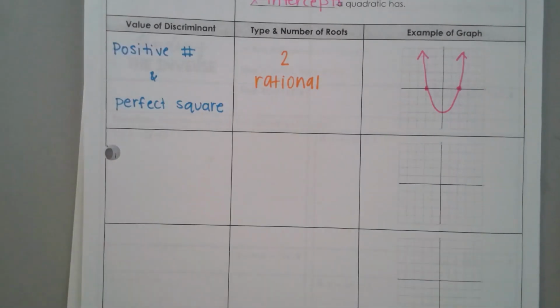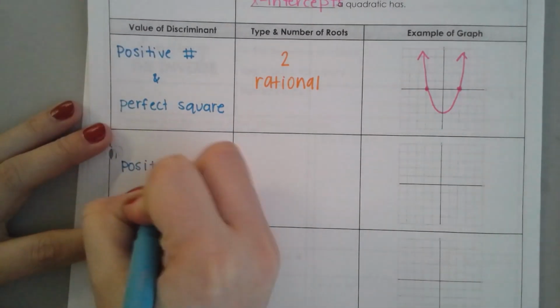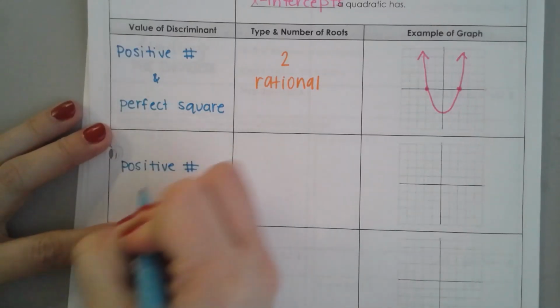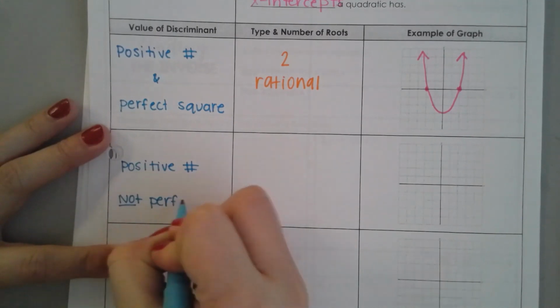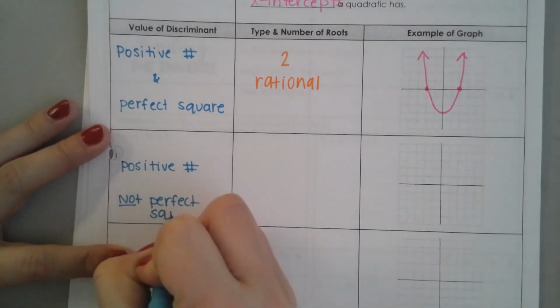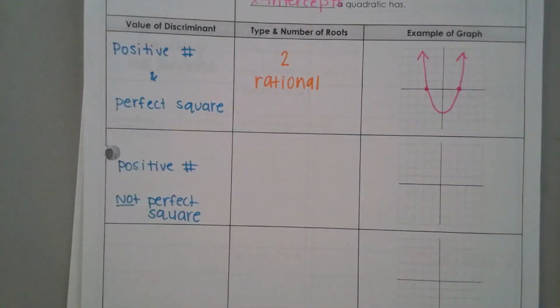If my discriminant is a positive number, but it's not a perfect square, so if you try to take the square root of that number and you get a decimal, that means it's not a perfect square. Like 17, 20, 8.